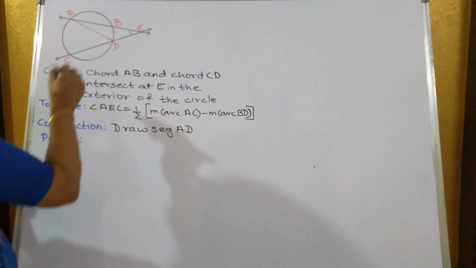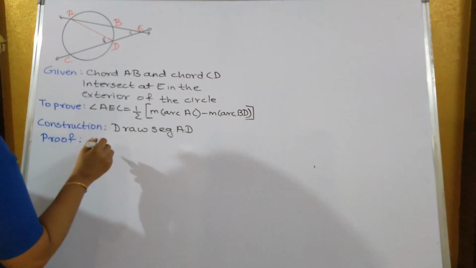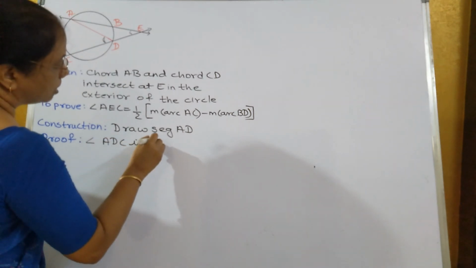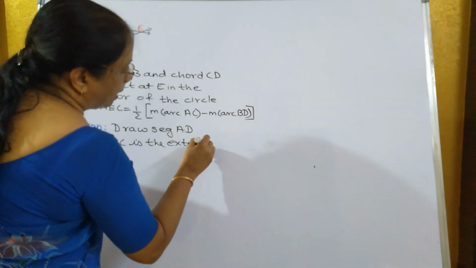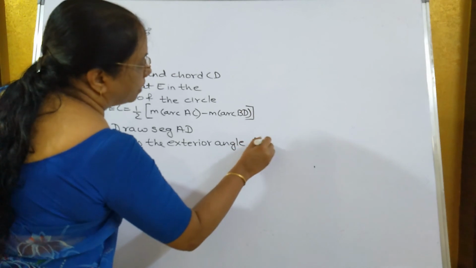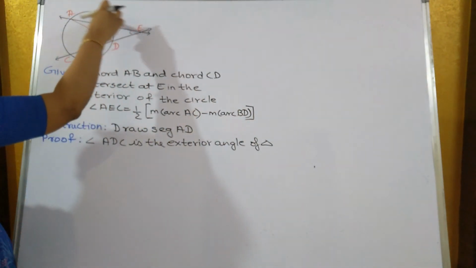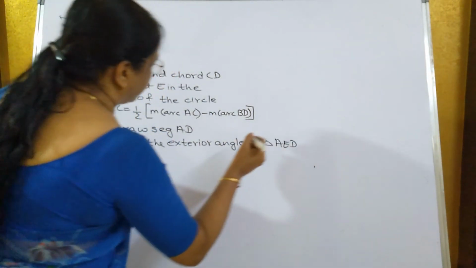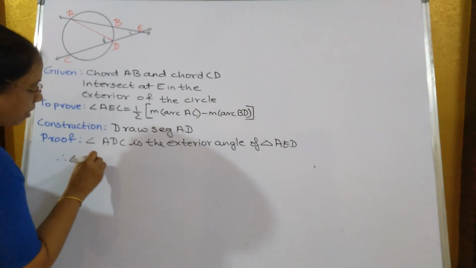Now this is the exterior angle ADC, an exterior angle of a triangle, like the previous one. Which triangle? This one, triangle AED.